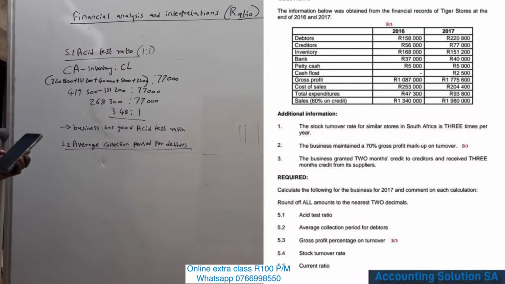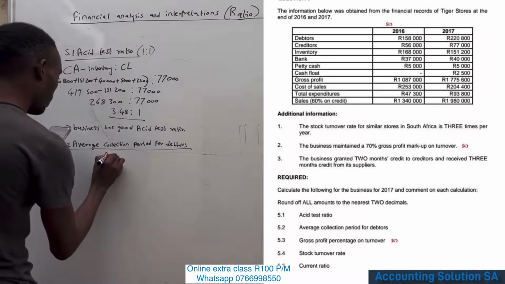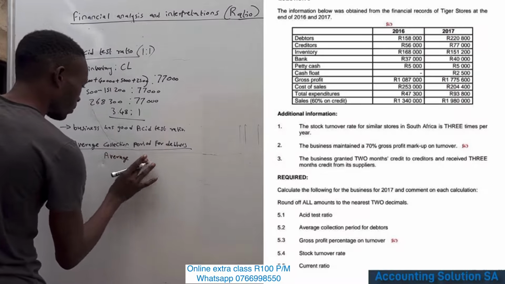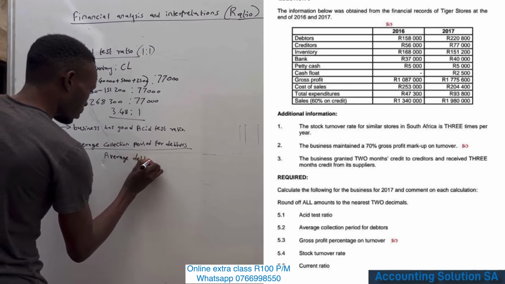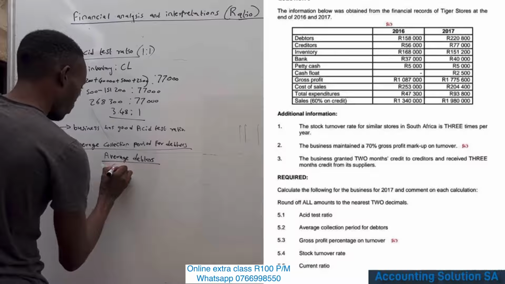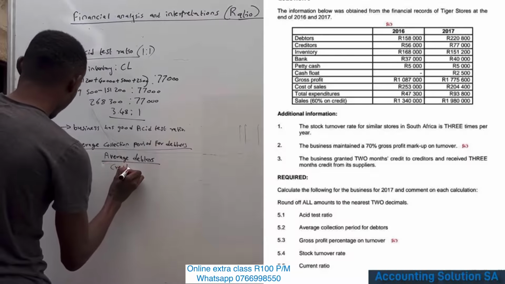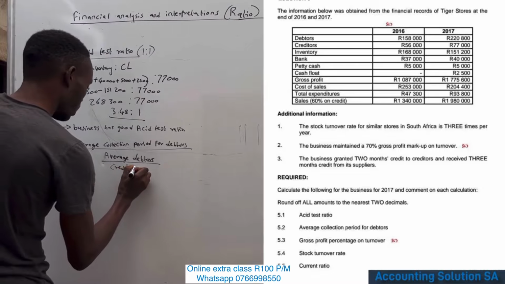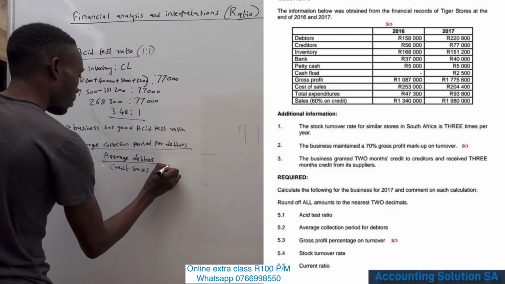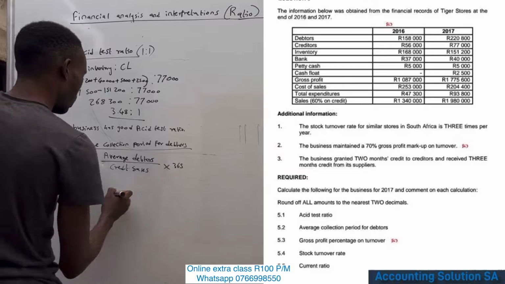Okay, so the formula says average debtors divided by credit sales multiplied by 365.